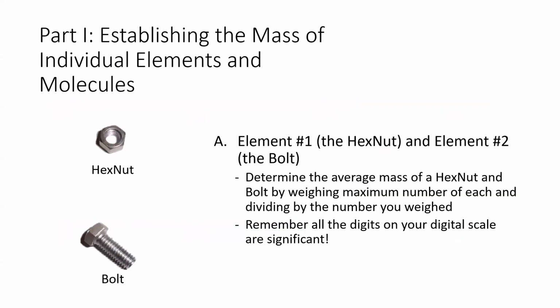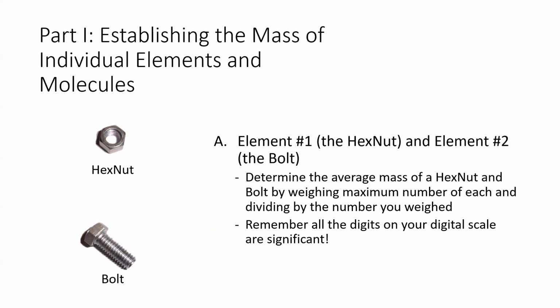So let's move on to the experiment. In the experiment, let's talk about part 1 first, which is establishing the mass of individual elements and molecules. So we're going to be using bolts and hex nuts to represent elements.